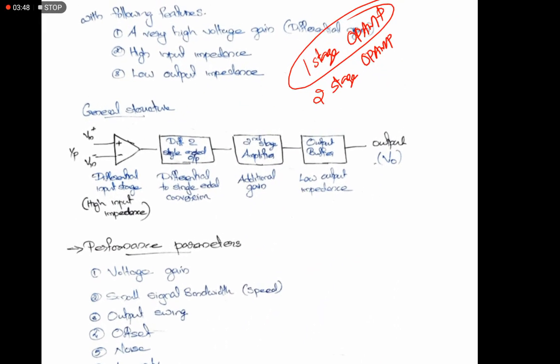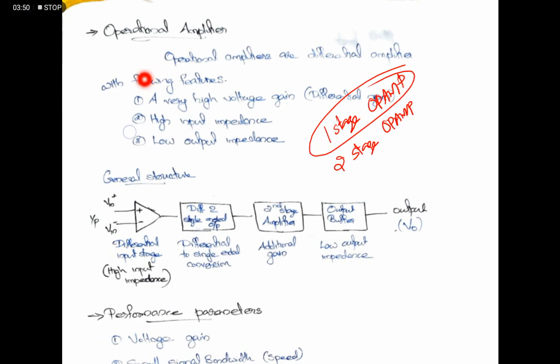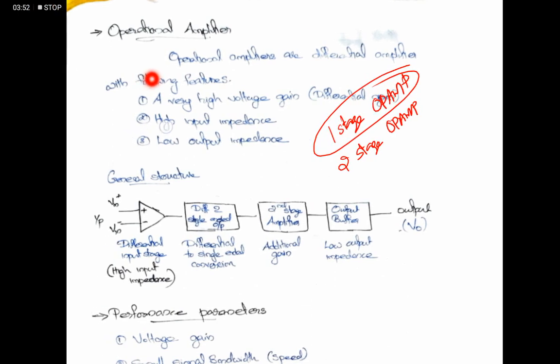first we will start with the basic features of operational amplifier. As we know, it must have very high differential gain and very low common mode gain. The operational amplifier's features are also the same. It must have very high differential voltage gain, high input impedance and low output impedance.